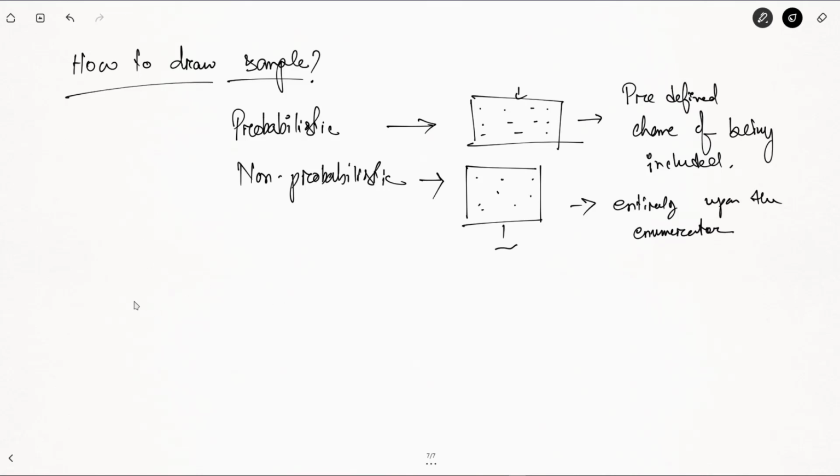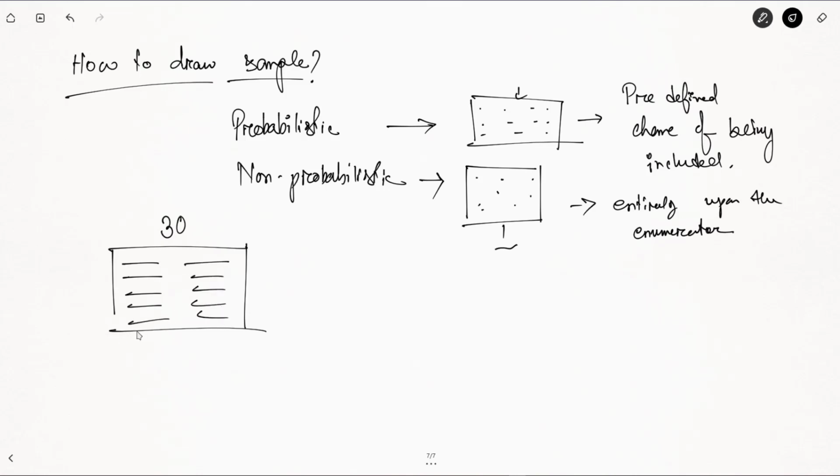Let me give a small example. In a class there are 30 students, seated in different benches. There is a teacher who wants to select 5 students from this group of 30.